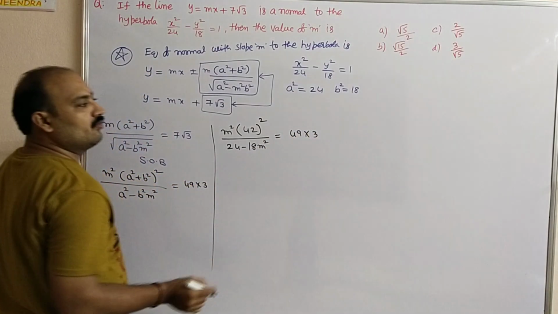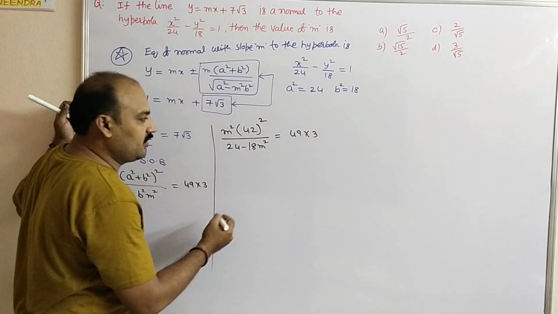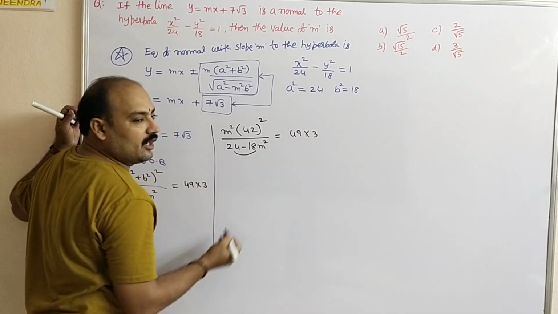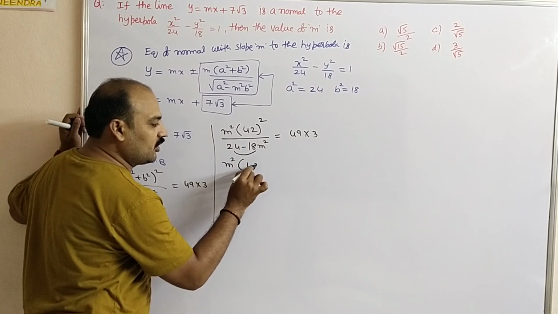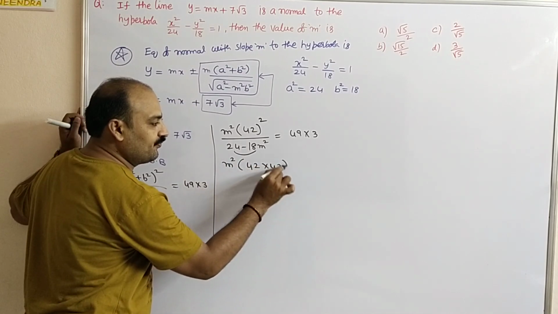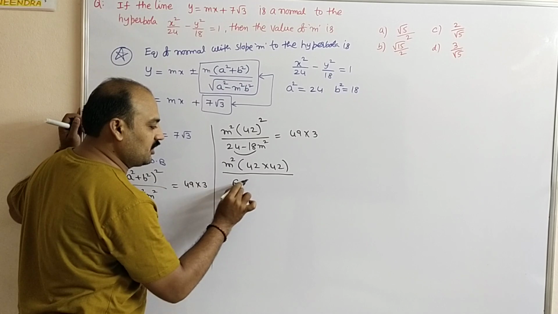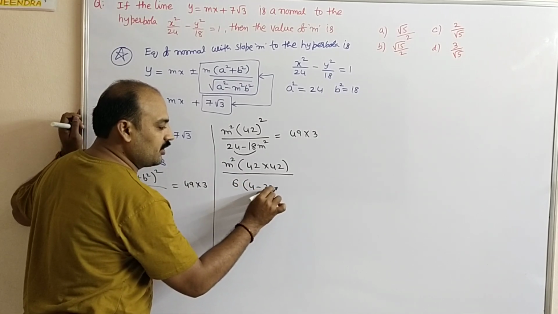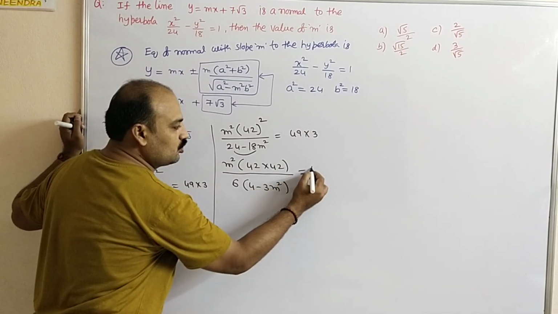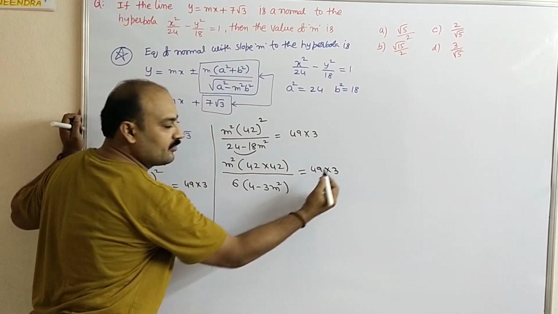Don't multiply. Why? Because simplification is easy after that. I'll tell that. From here take common 6. m² into 42 whole square means 42 into 42 we can write now, divided by 6, I am taking common here. So 6 4s are 6, 3s are 3m² is equal to 49 into 3.